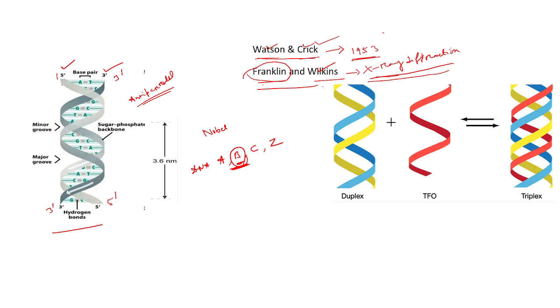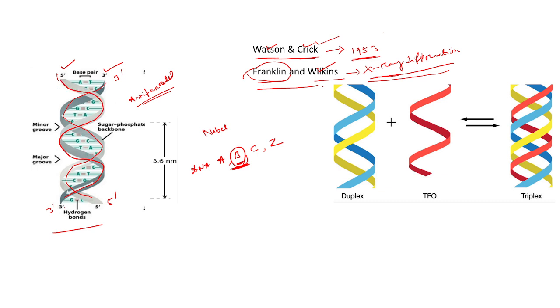One strand is present from 5 prime to 3 prime, and another strand is present from 3 prime to 5 prime. That means they are present in an anti-parallel manner. So this is one polynucleotide chain, and this is another polynucleotide chain.